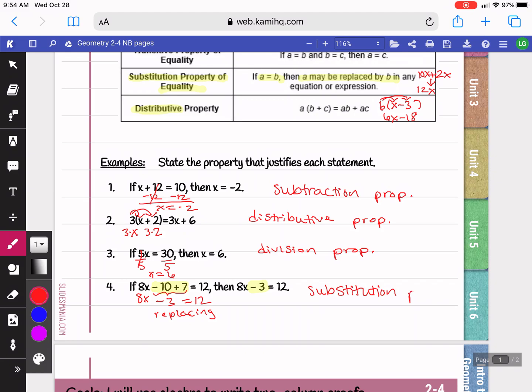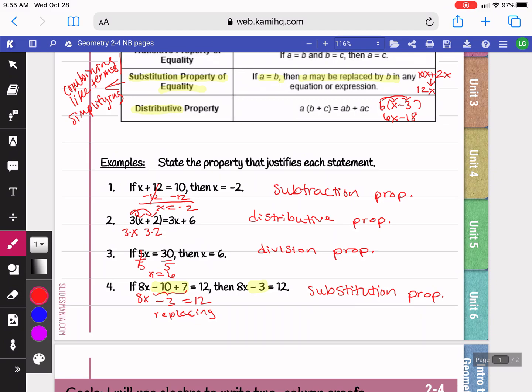So anytime you're combining like terms or simplifying, think of the substitution property. So you're just making what's there smaller by combining like terms or simplifying.